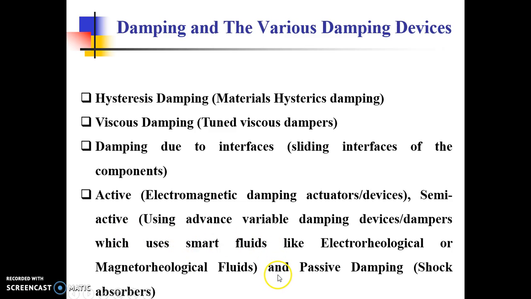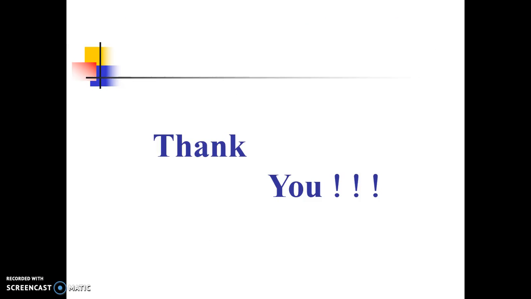And another thing is passive damping, which is nothing but the shock absorbers, in which the damping is achieved due to the viscous resistance within the fluid used in the dampers. So these are general types of damping and the illustration about the damping devices which we can use to achieve this type of damping. Thank you very much.